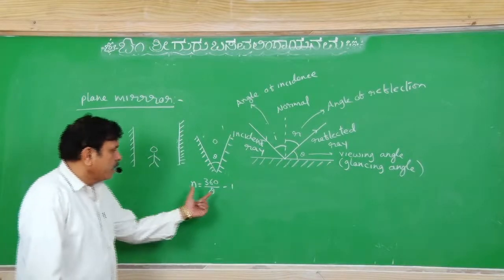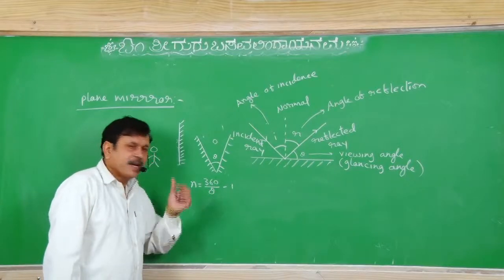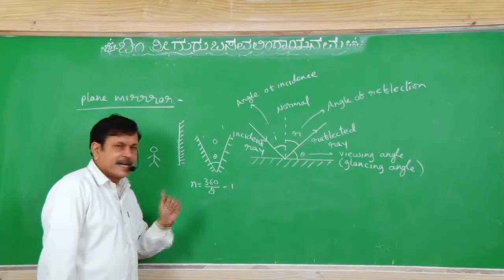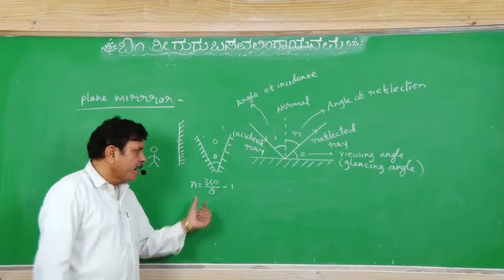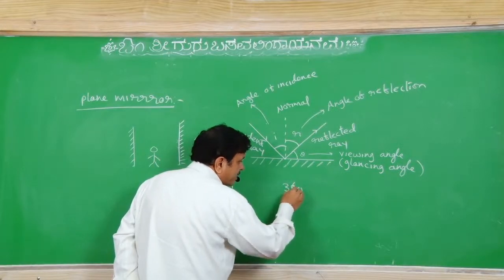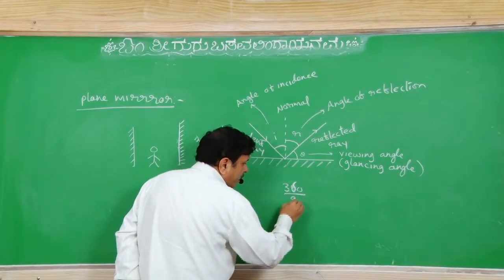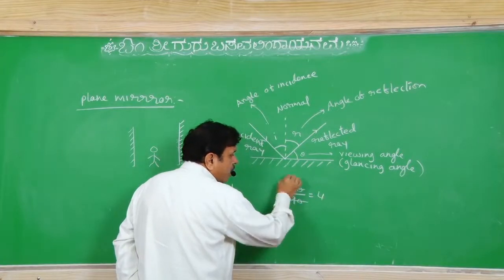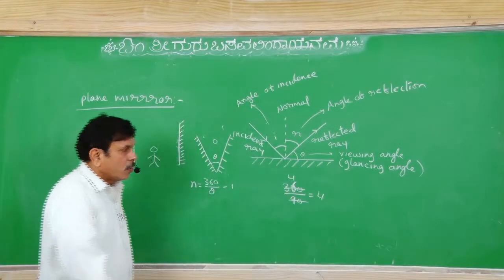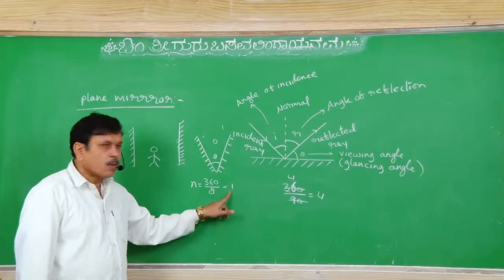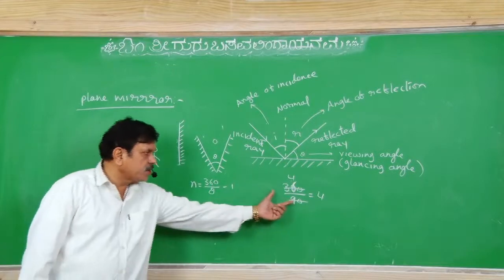If this ratio is an even number, like 360 divided by 90 when theta is 90 degrees, it becomes 4, which is even. So we have to subtract 1 from this ratio.